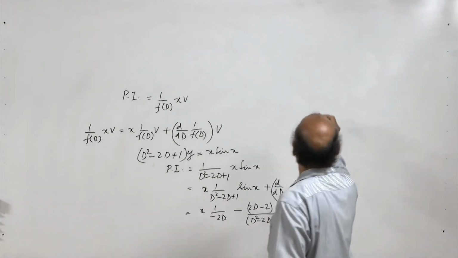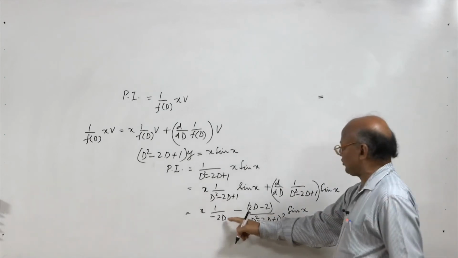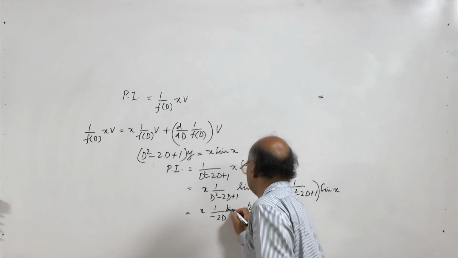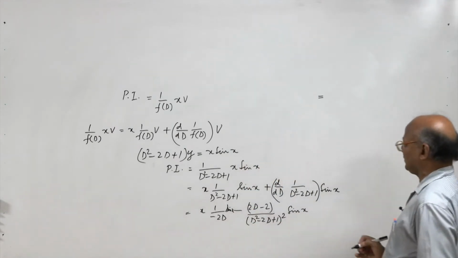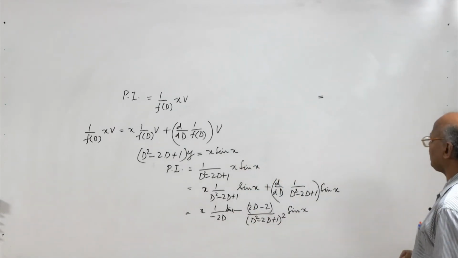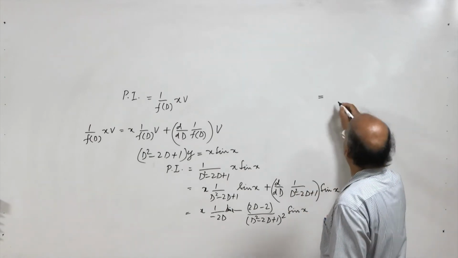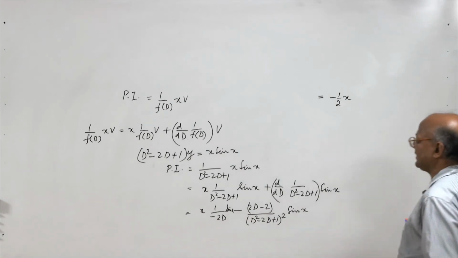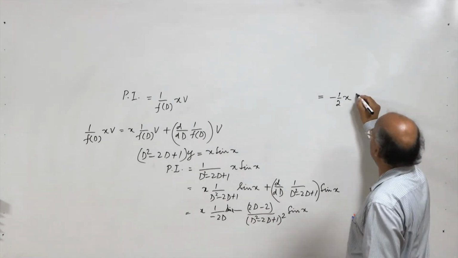Now, this is equal to 1 over 2D operating on sin x. So, we get minus 1 over 2 x, then 1 over D sin x means integral of sin x, which is minus cos x.